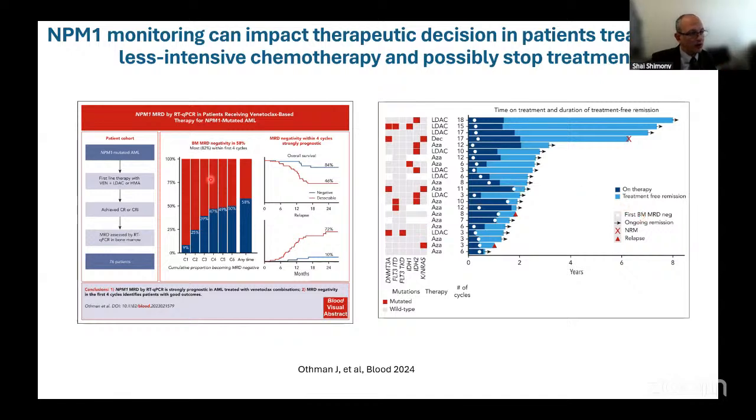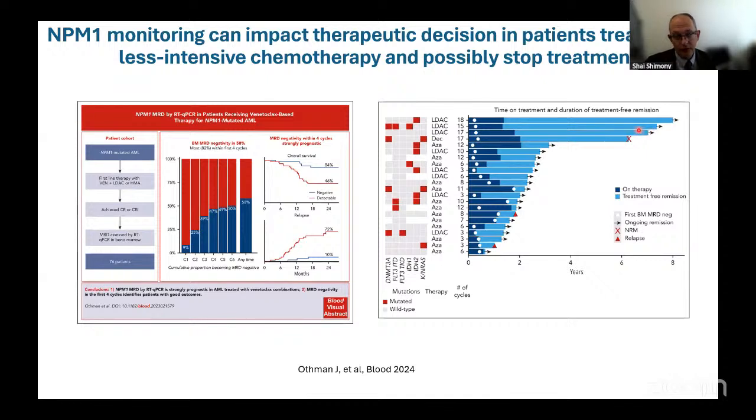What you can see on the left is that patients who are MRD negative lived longer, but you can also see here in the dark blue patients who were on therapy, but this is off therapy, which means patients who were MRD negative stopped therapy with lower intensive therapies and had prolonged survival even without therapies.